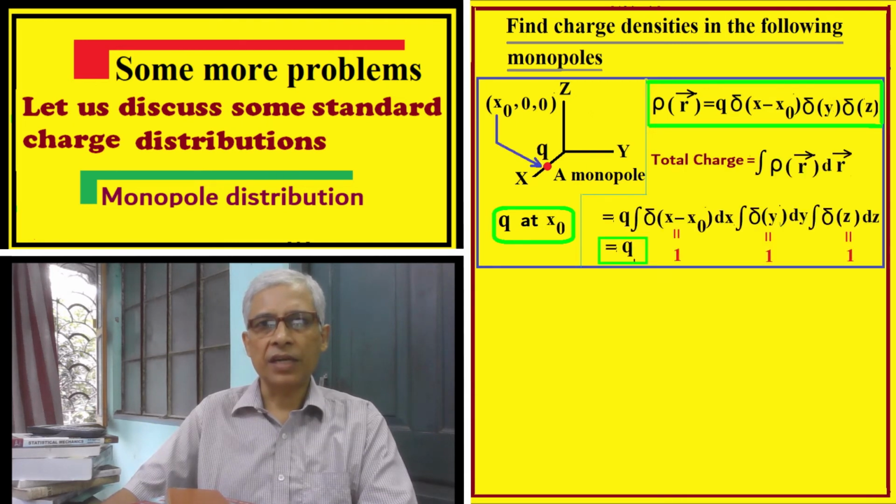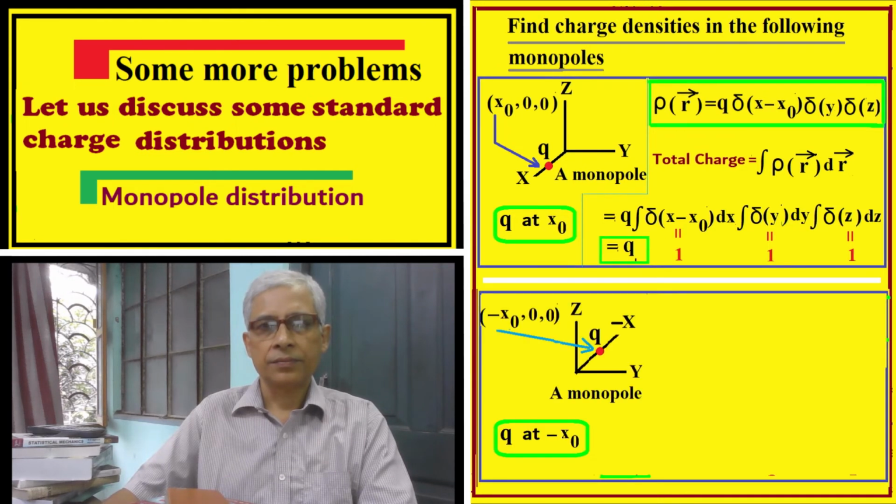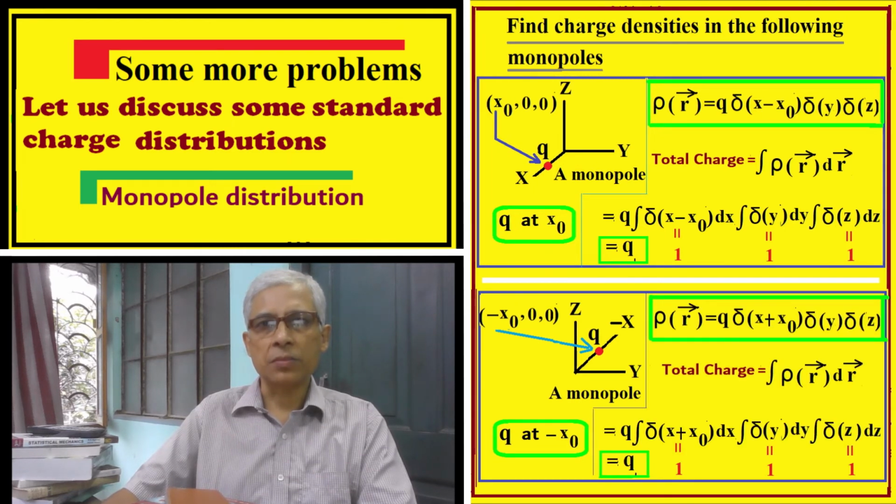We check if we get back to the total charge from this rho, and indeed we succeed in getting the total charge back. If the discrete point charge Q is taken to be at minus x0, that is on the negative x-axis, we proceed similarly. As you can see, check the results.